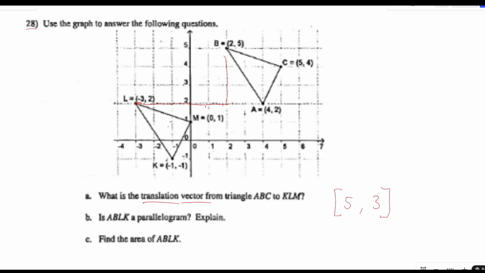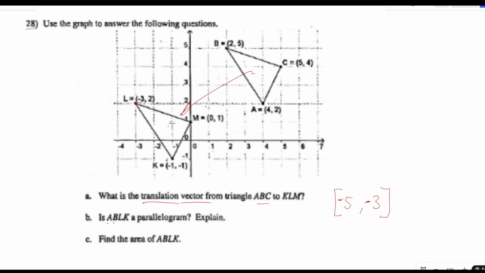Make sure those signs are right. I guess I should check the direction too, because I'm just assuming it moves right. Maybe this is the starting triangle and this is the end. It could be the other way. Maybe this is the starting triangle. From ABC to KLM. Okay, so I just got to negate both of those.